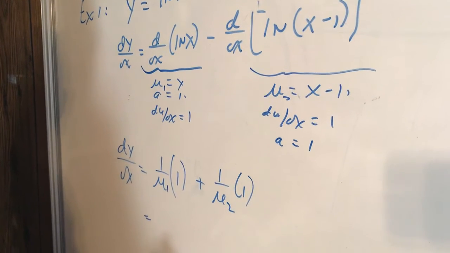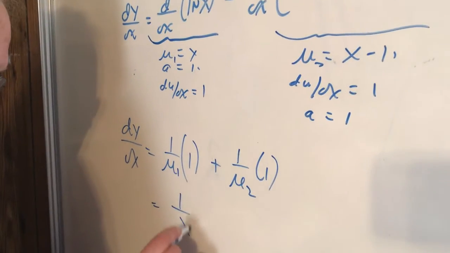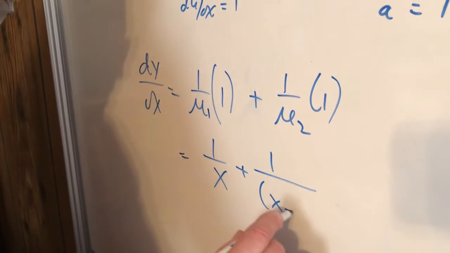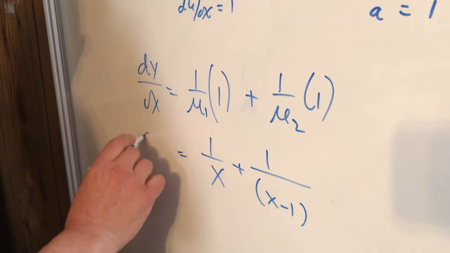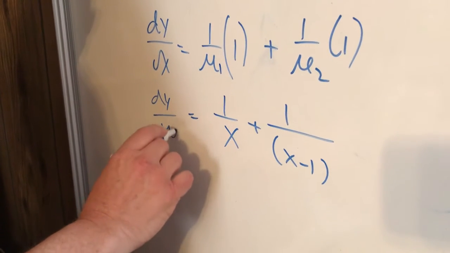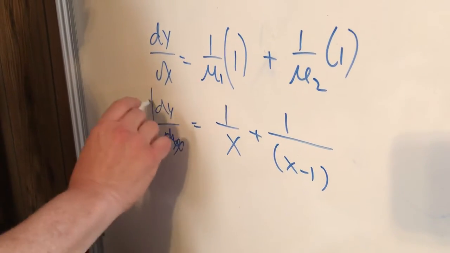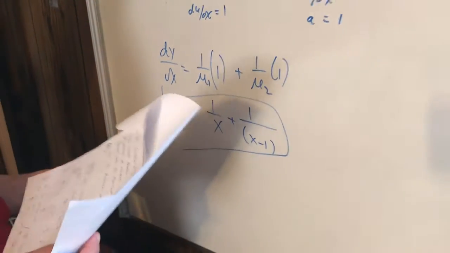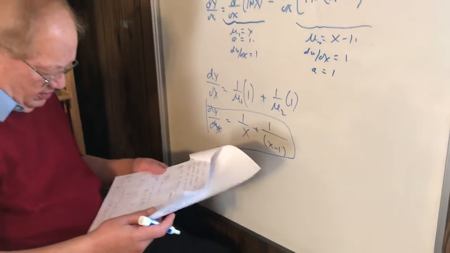And this is going to be 1 over x plus 1 over x minus 1. And this is our solution. Very simple one. Doesn't need a lot of machinations.